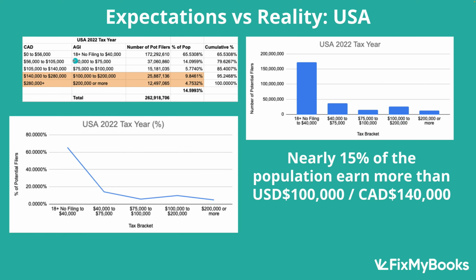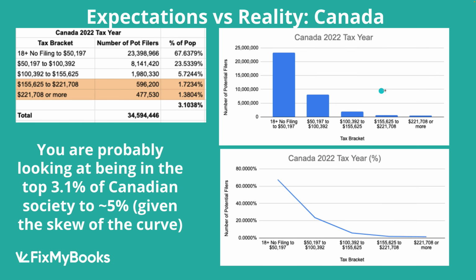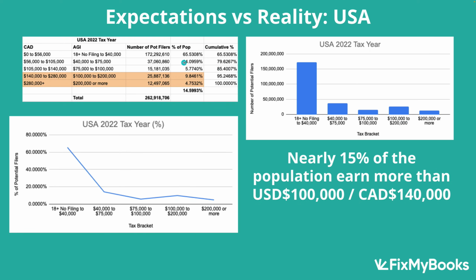So you've got a higher amount here, 56,000 Canadian versus 50,000 Canadian, but a smaller percentage of the population here, 65.5% versus 67.6%. We have a lot more people on lower incomes in Canada than there are in the US. And then it just becomes very striking the further you go up this chain.